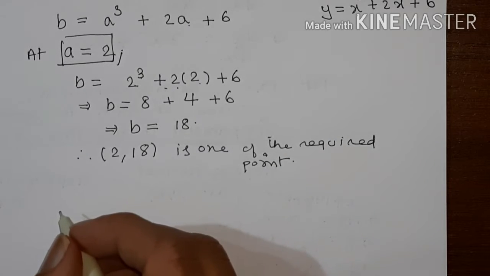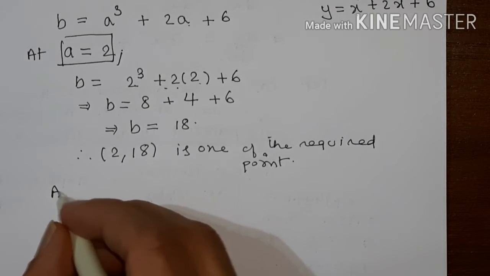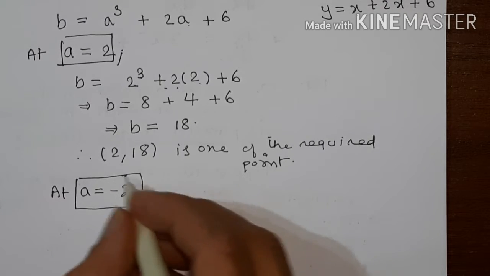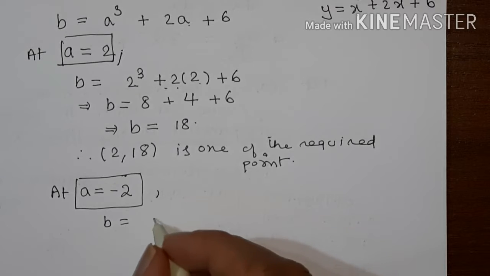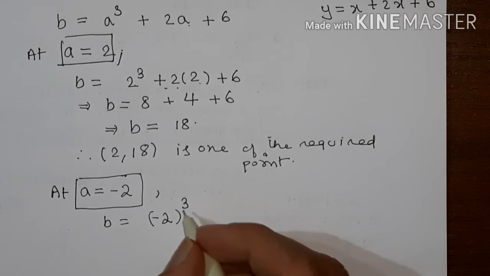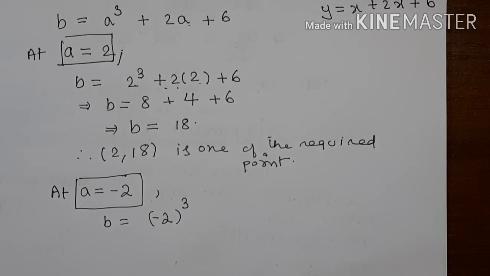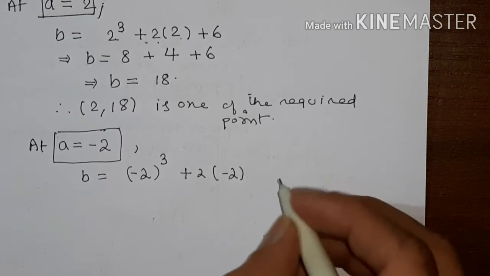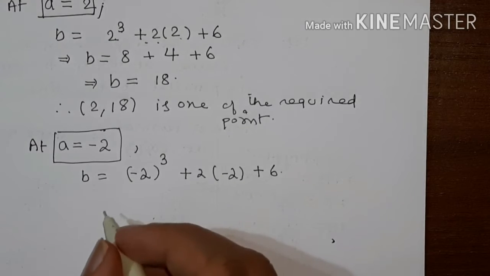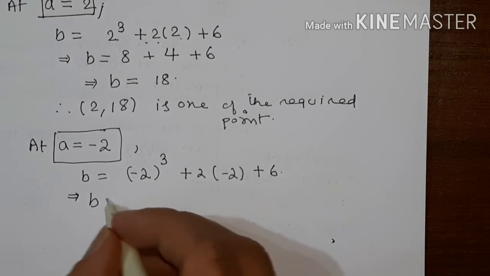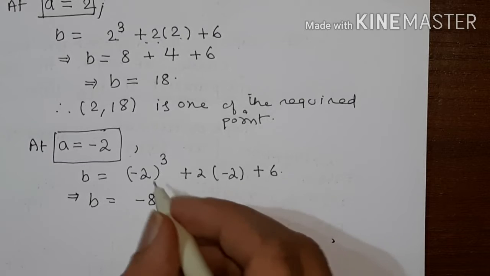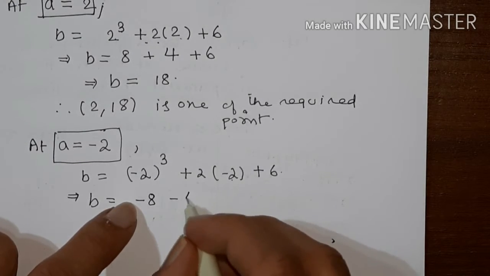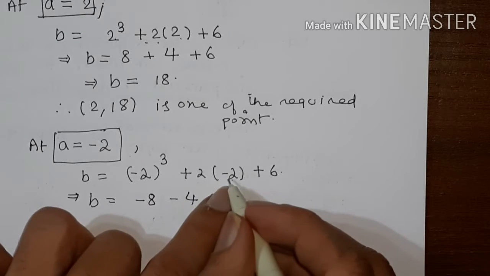Right? Now we will find the second point. So at a = −2, let us see what we get. So we get b = (−2)³ + 2 times (−2) + 6. So that means b is equal to −8, right? (−2)³ is −8. 2 times −2 is −4, because you have minus here.